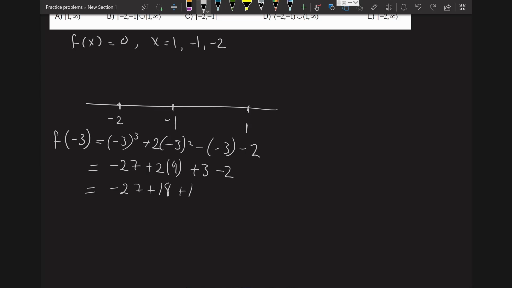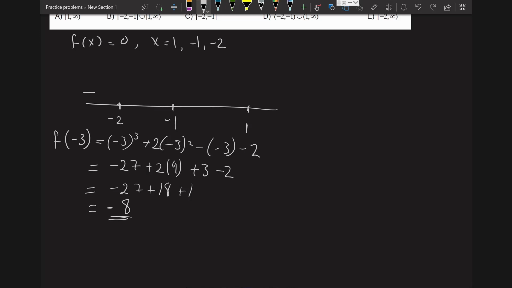So that's -27 plus 19, which is -8. So we know that f of x is negative before -2. So this is a negative range.